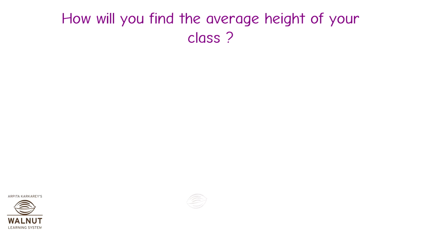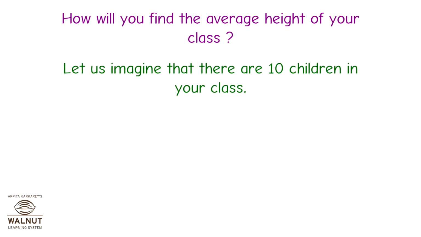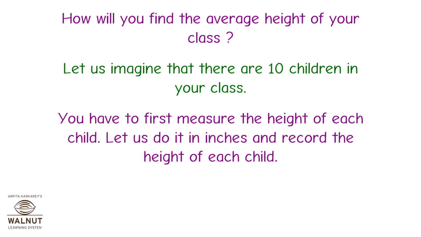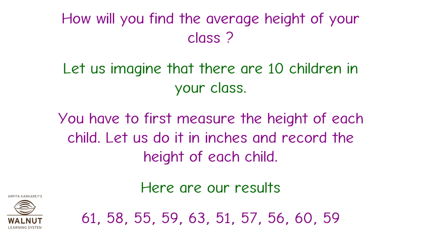How will you find the average height of your class? Let us imagine that there are 10 children in your class. You have to first measure the height of each child. Let us do it in inches and record the height of each child. Here are our results.